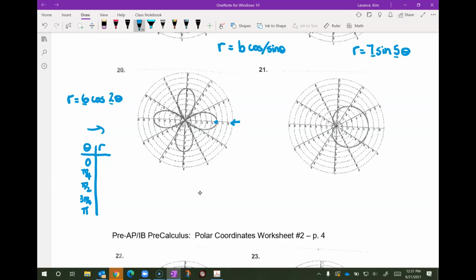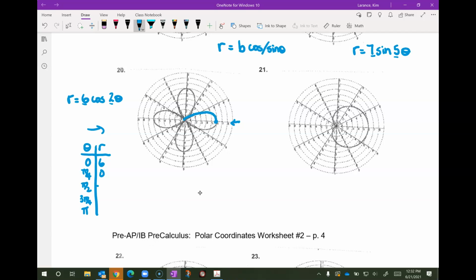So the cosine of 0 again is 1 times 6 is 6. So there's that first point. Pi fourths times 2 is pi halves, so there's 0. So look, I have already traced half the petal. Now, am I going to trace the other half? No, I don't think I am. So this is weird. It doesn't draw it like you and I would draw it. So cosine of pi halves times 2 is pi.